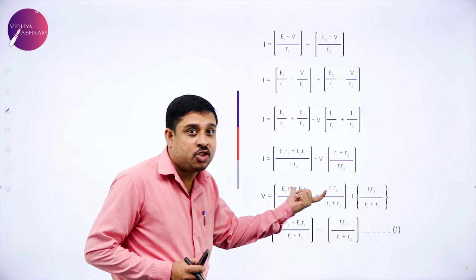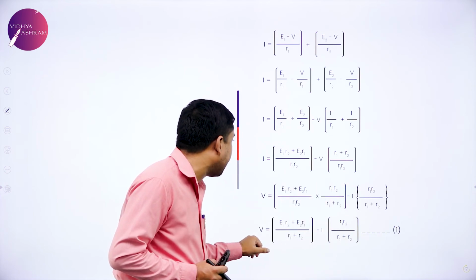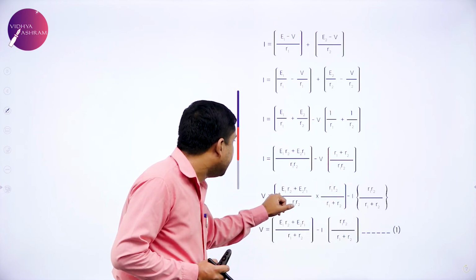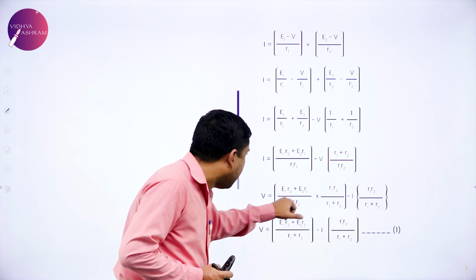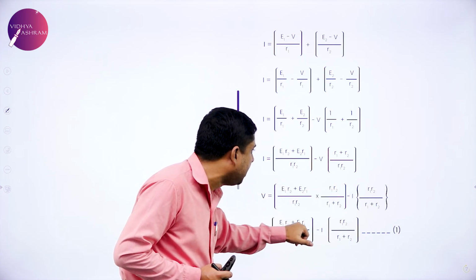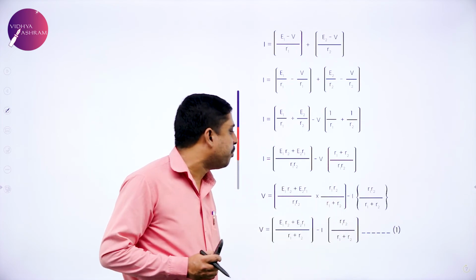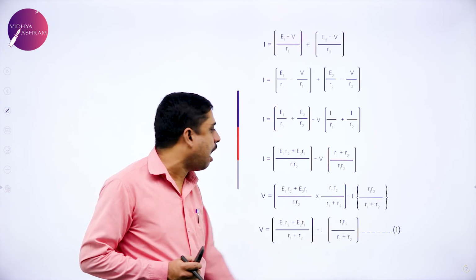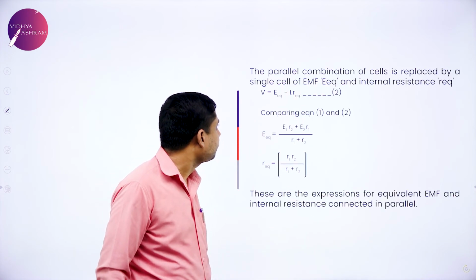Now I want the potential. So on simplification, V is (E1 R2 plus E2 R1), R1 R2 gets cancelled, minus I R1 R2 divided by (R1 plus R2), framing equation 1.